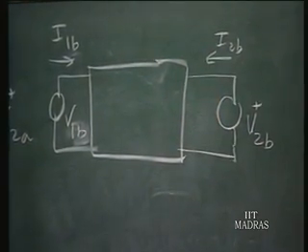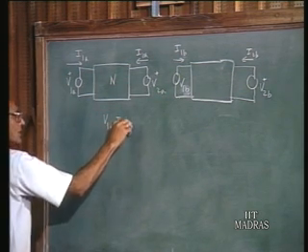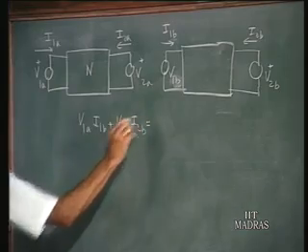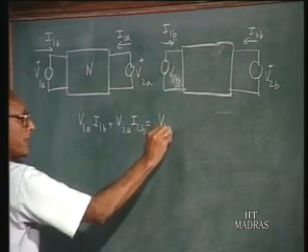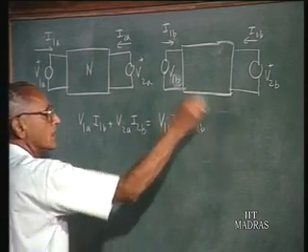Then we can say that V1a times I1b plus V2a times I2b equals V1b times I1a plus V2b times I2a.